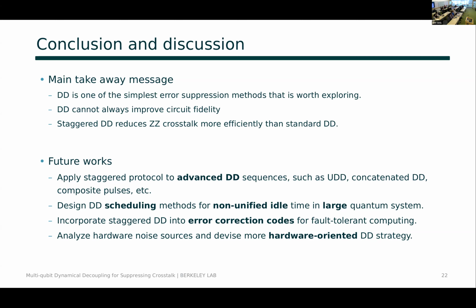Since DD only has single qubit gate overhead, it is very natural to combine it with, for example, error correction codes to see how it can help with fault-tolerant quantum computing. And then we also need to dig in to understand more about the hardware noise and maybe design some hardware-oriented DD strategy. So that's it for my talk.